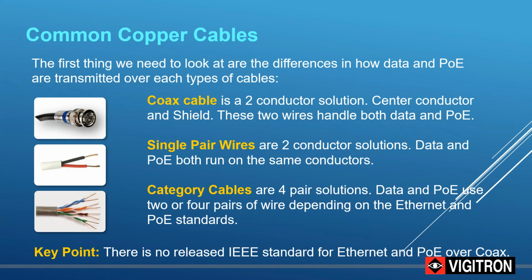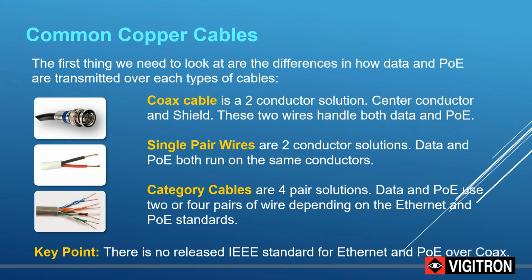When we go to differences in cable, the most likely ones are coax and single pair. They have a commonality, and that is that they are only a single pair. Single pair cable is obvious, but coax cable is also just a center conductor and a shield. As a result, we have some significant limitations. The reduction in the number of pairs used also reduces bandwidth and reduces PoE ability.